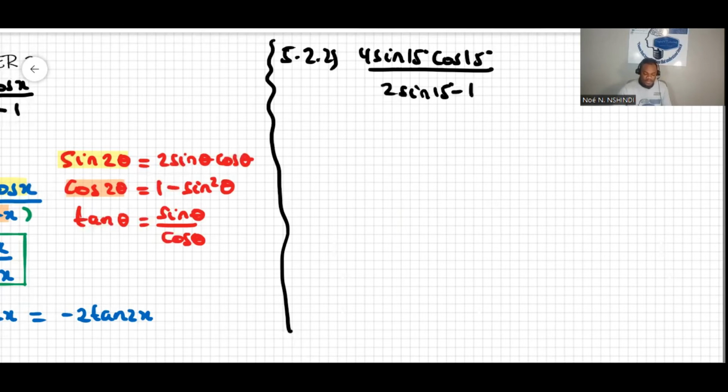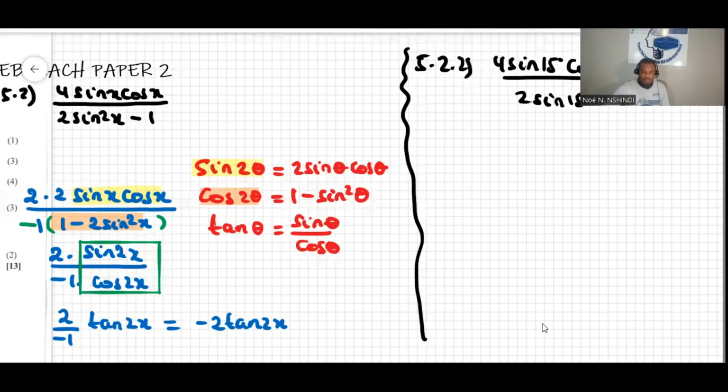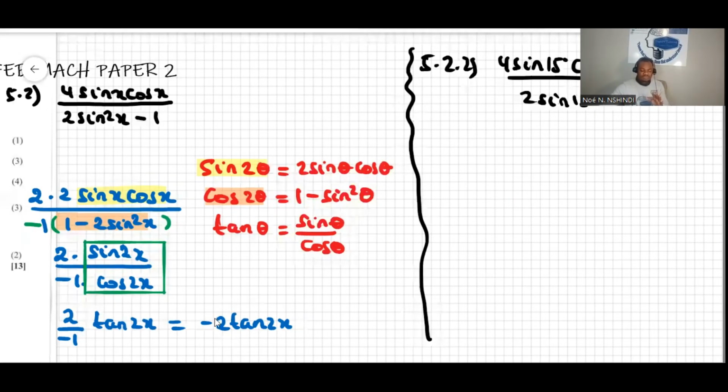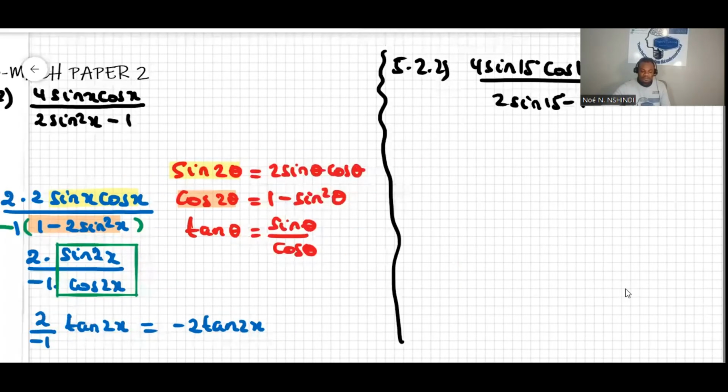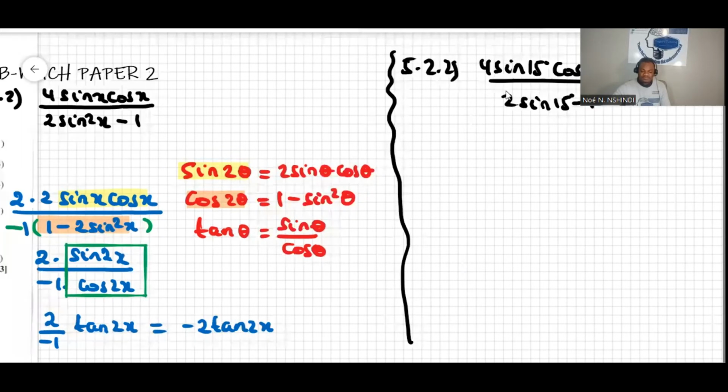Now, the shortest way of solving this problem is to just substitute x by 15 degrees and use the simplified form that we got here, because we already worked it out in the previous question.